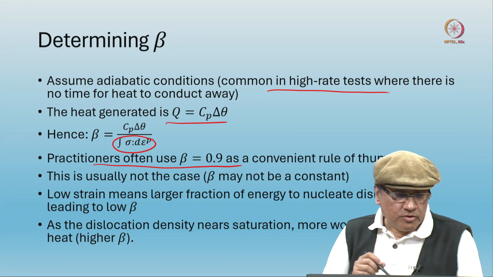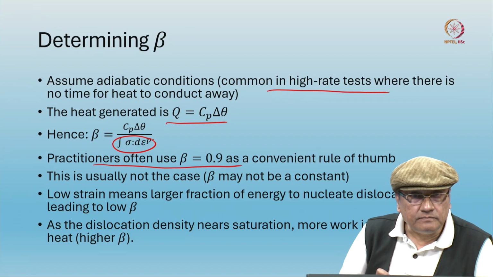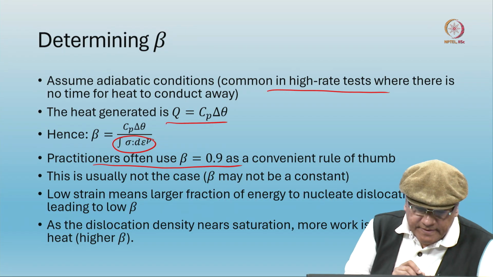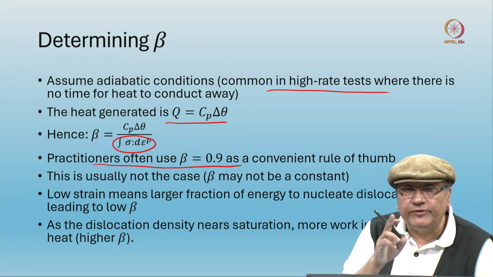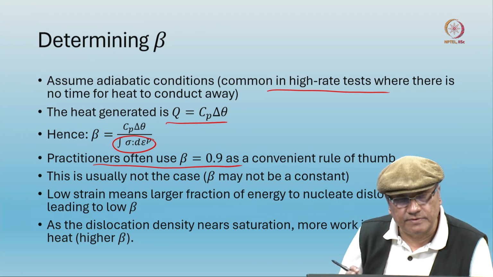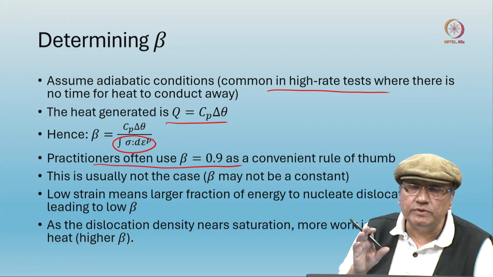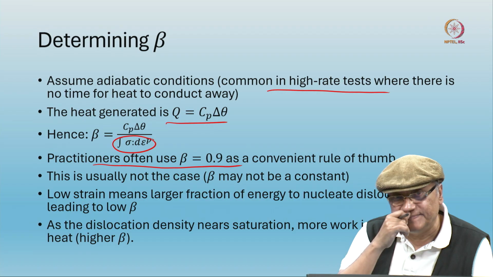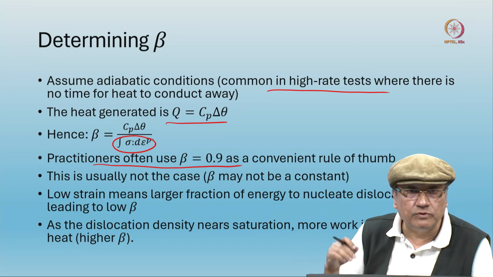Suppose the strain is low. Low strain means that a large fraction of energy goes into the nucleation of dislocations. That means a lot of energy goes into the creation of new microstructure initially, because lots of dislocations are created due to the plastic flow.